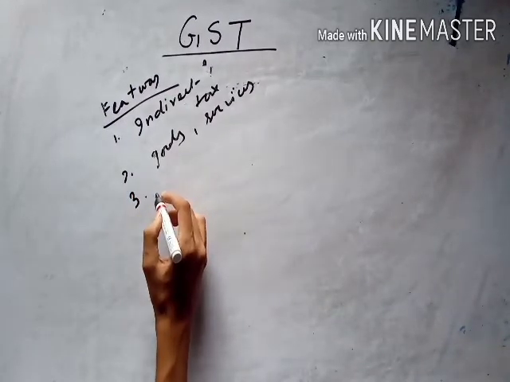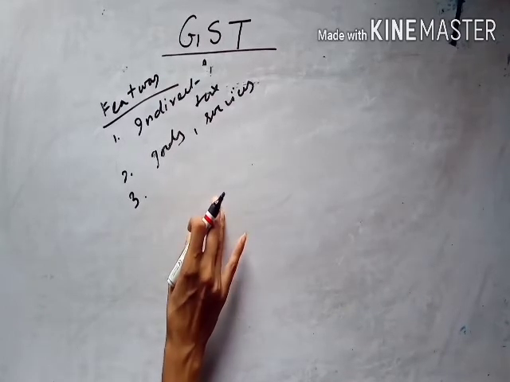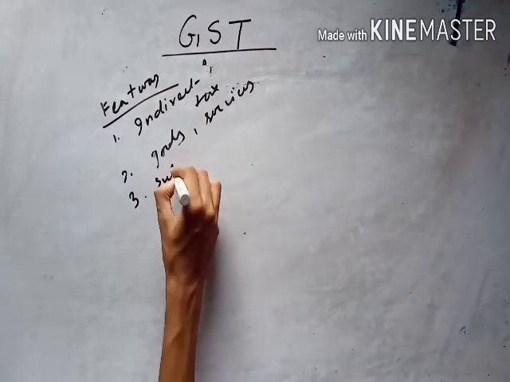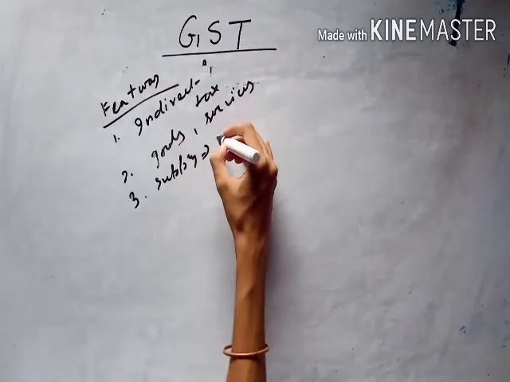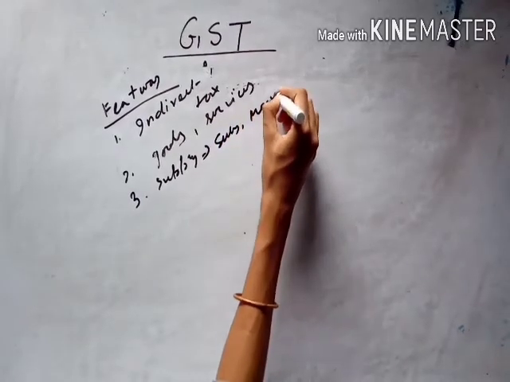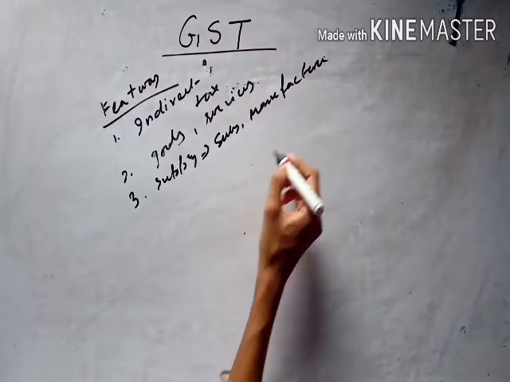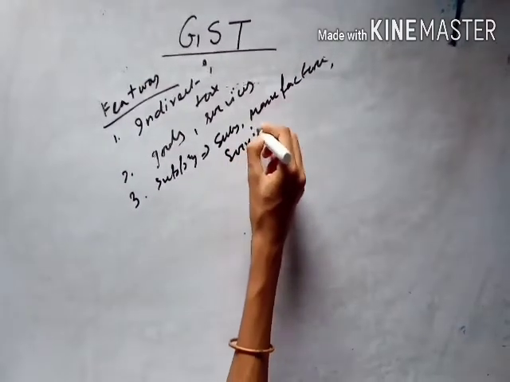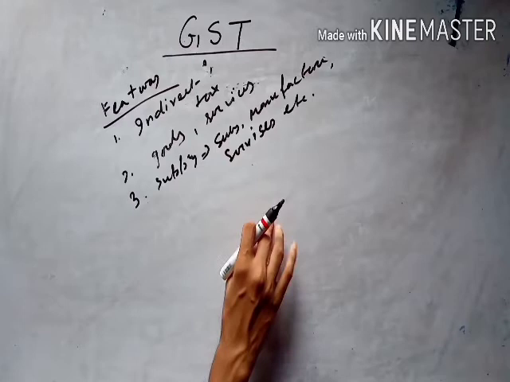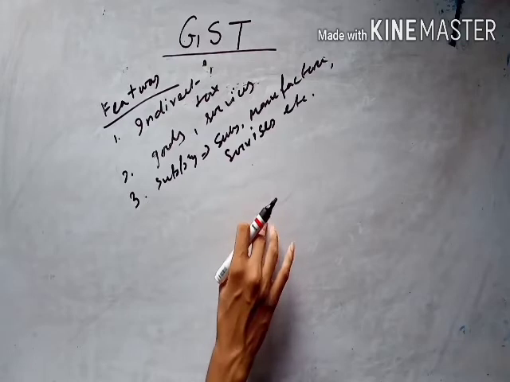And number three, for the words manufacture, sales, services, etc., only the word supply is used. Supply covers all forms of supplies like sale, rental, leasing, exchange, or disposal.